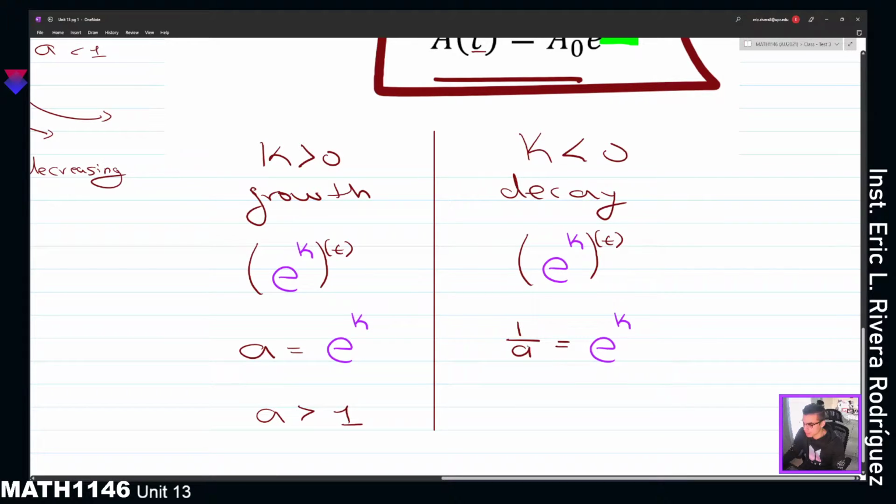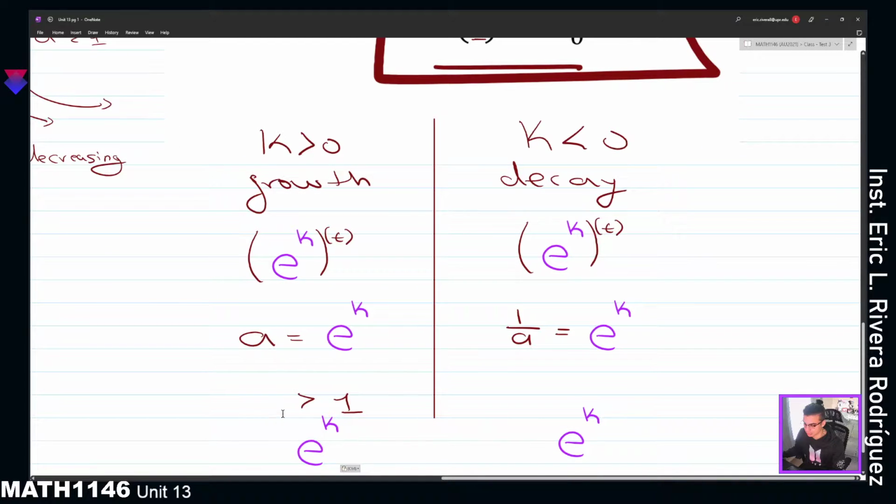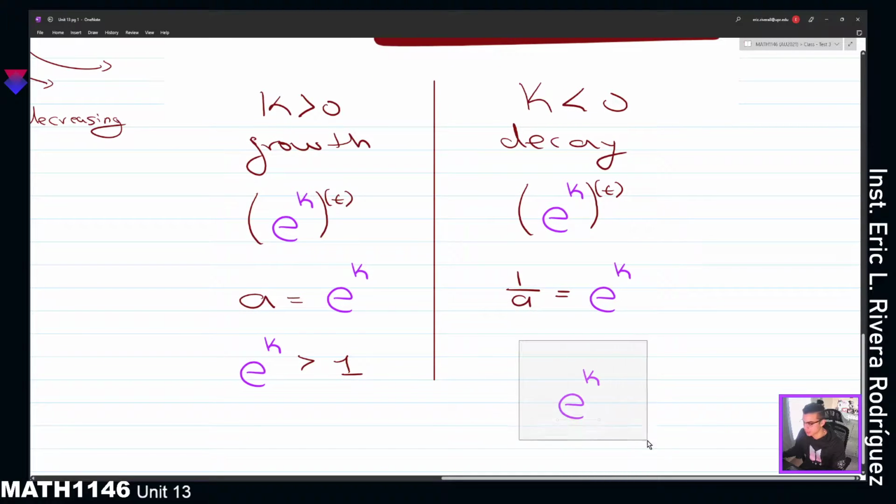But the point here now is that I will use e instead of a. So e raised to the power of k is greater than 1, and now e raised to the power of k is between 0 and 1.